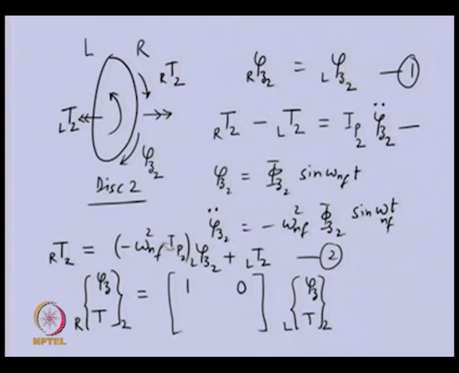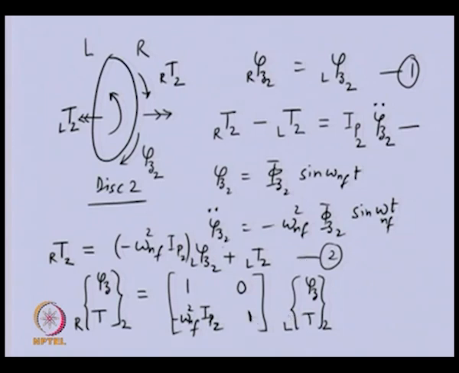Now, the second equation can be inserted here, and this will be omega nf square I p 2 and here 1. Now we can see that we have inserted these two equations in a matrix form.